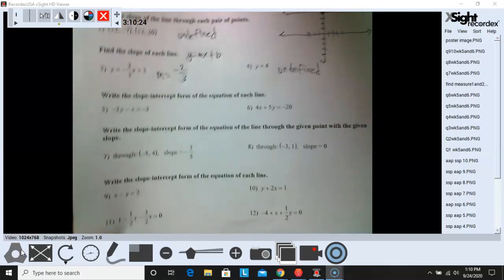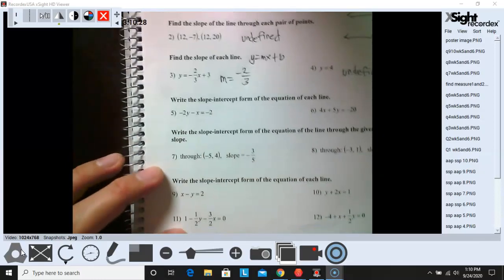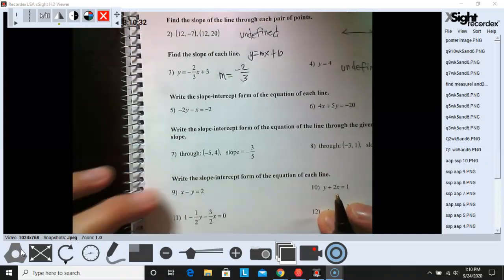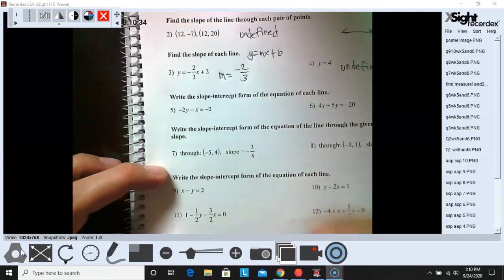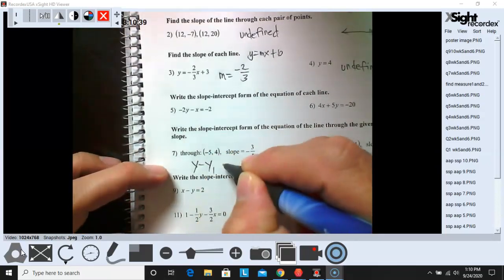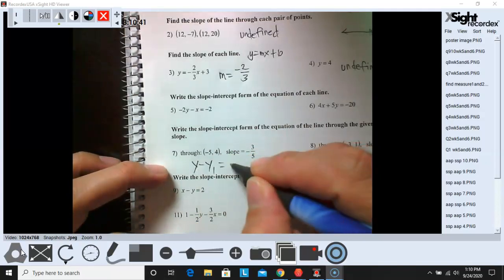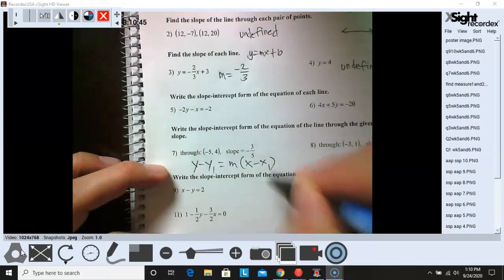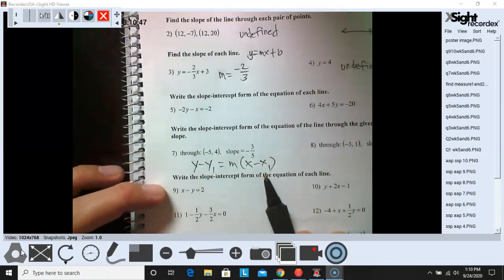We're gonna use, let me just write the formula here. We're gonna use this formula right here. Y minus y1 is equal to m times x minus x sub 1. This will be our formula right here.